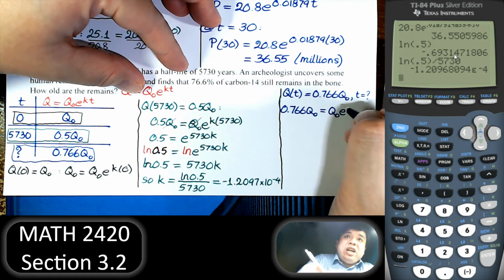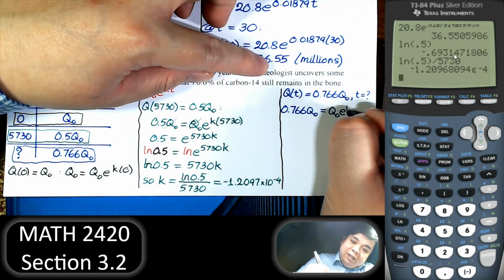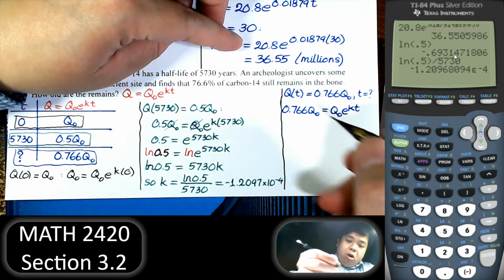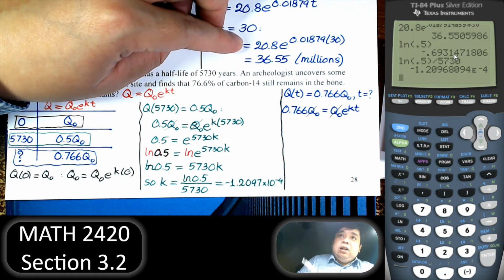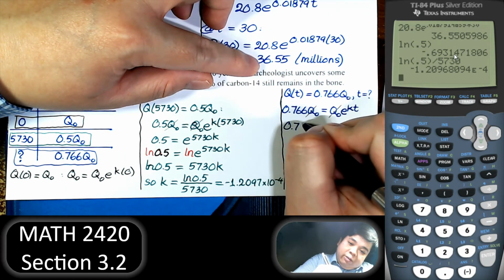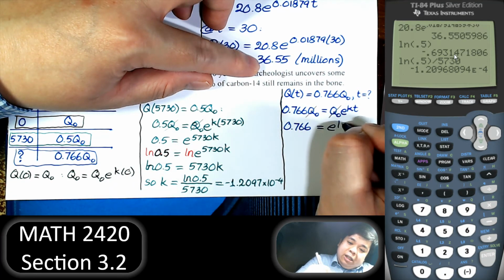I'm just going to put k there rather than that very long number here. Once again, typical problem, we divide by the original amount on both sides. So I have 0.766 equal to e to the kt.